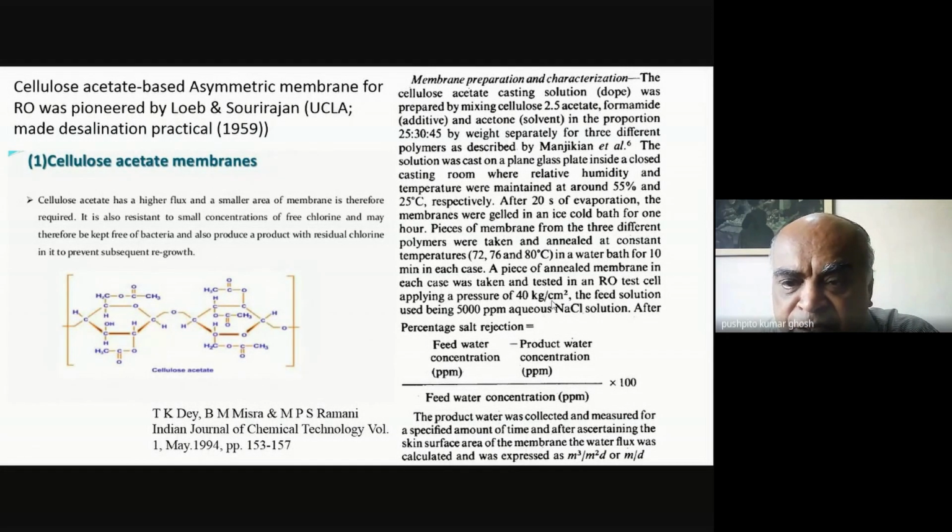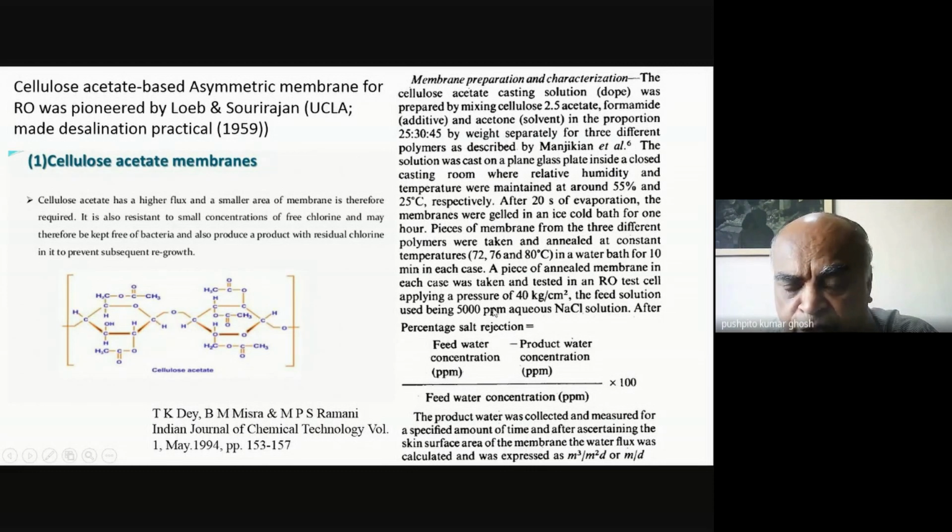And then after they've done that, they are doing an evaluation to see whether it has the salt rejection property. So this particular membrane was tested at about 40 bar pressure with about 5,000 ppm of NaCl solution.